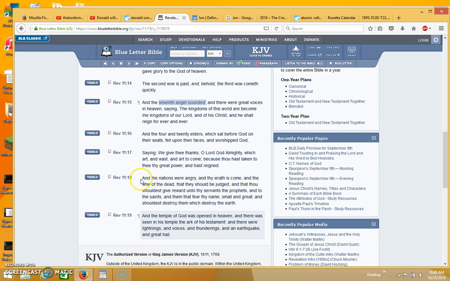And then it talks about the wrath of God in verse 18, where it says, "And the nations were angry, and thy wrath is come, and the time of the dead, that they should be judged, and that thou shouldest give reward unto thy servants the prophets, and to the saints, and to them that fear thy name, small and great, and shouldest destroy them which destroy the earth."